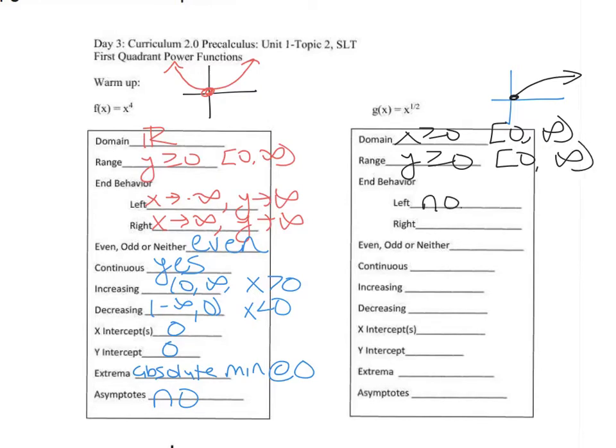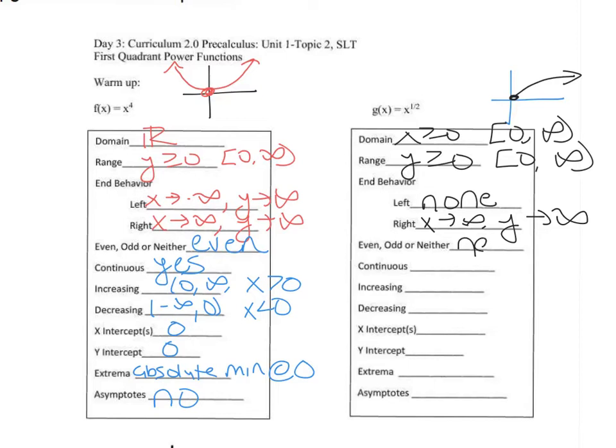There is no left end behavior. Since left end behavior is going to negative infinity, the graph doesn't go to negative infinity. It stops here at the origin. So there is no left end behavior. But for right end behavior, x goes to infinity, y goes slowly to infinity.